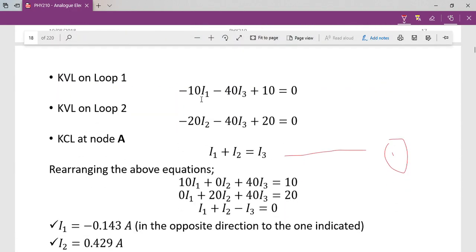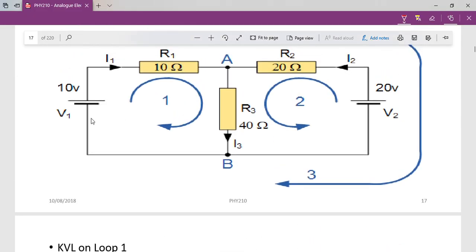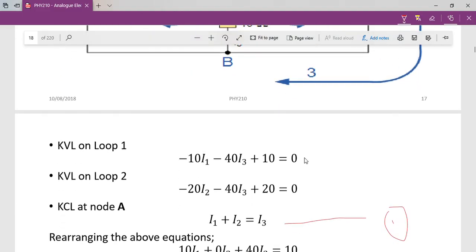So as you can see here, negative, negative, plus positive, positive, this one, because potential rise is equal to 0. This is the second equation from the first loop.